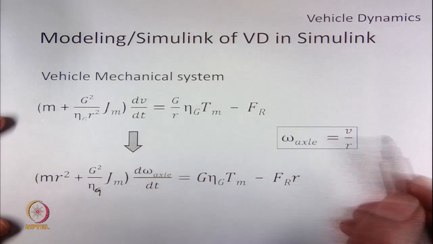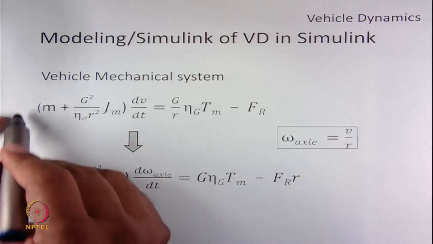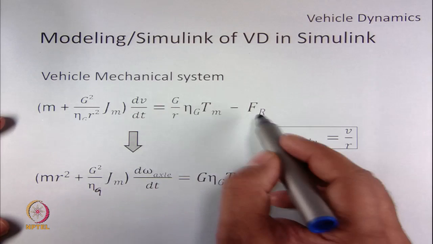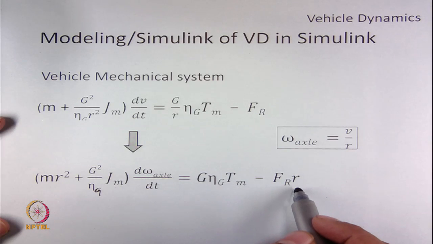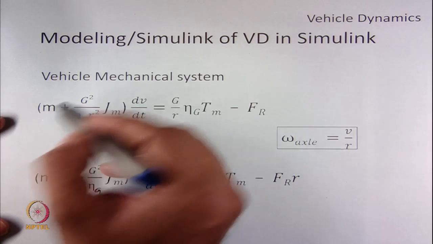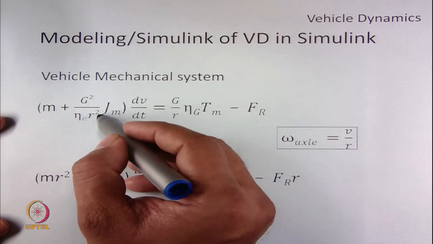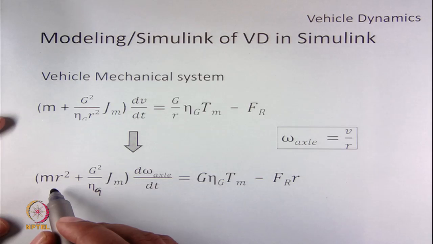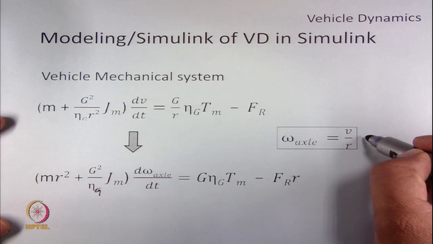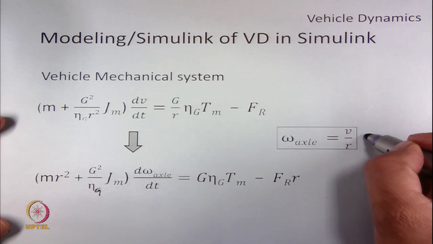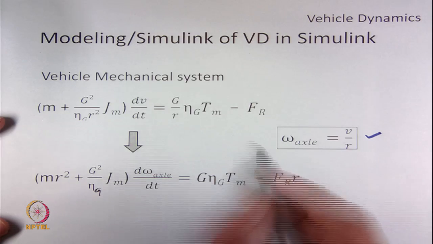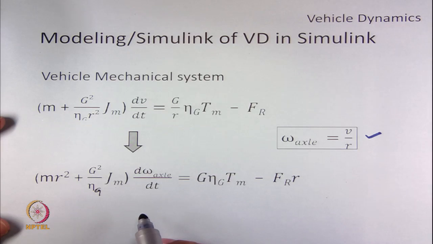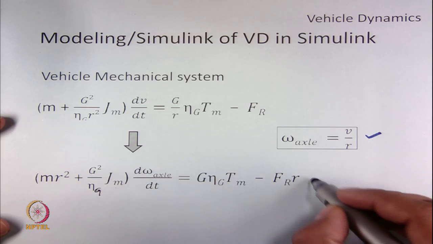This Fr will be multiplied by this r. So, m will be multiplied by r square, and using this substitution with slightly reconfiguring this equation, we will get this kind of equation.